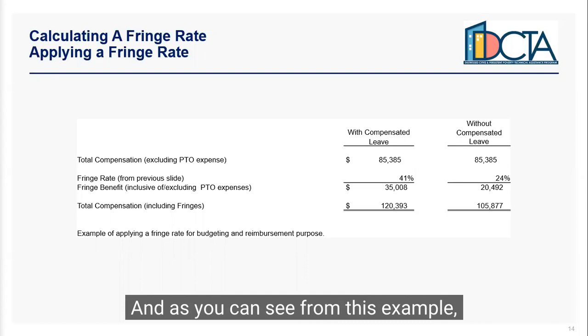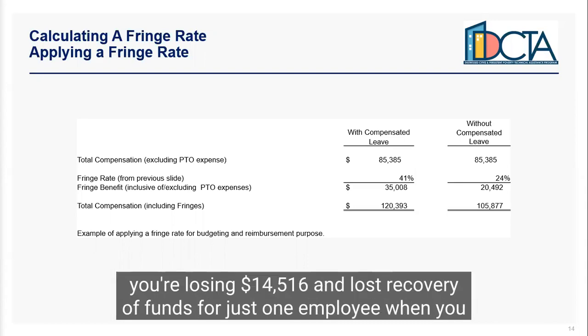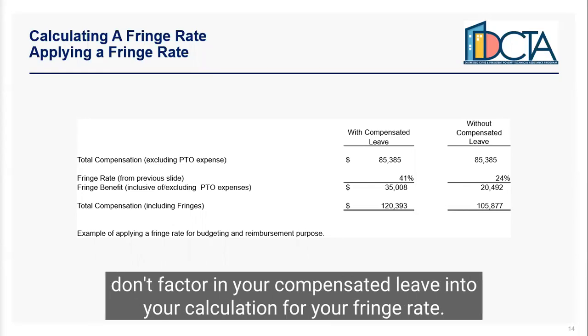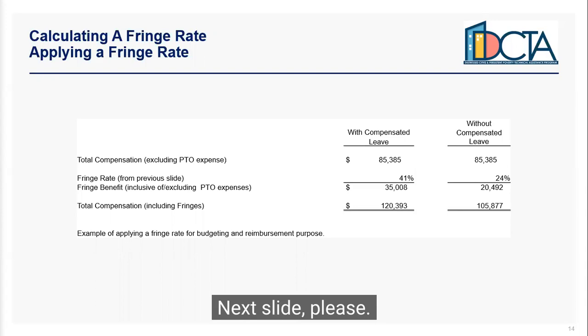And as you can see from this example, you're losing $14,516 in lost recovery of funds for just one employee when you don't factor in your compensated leave into your calculation for your fringe rate. Next slide, please.